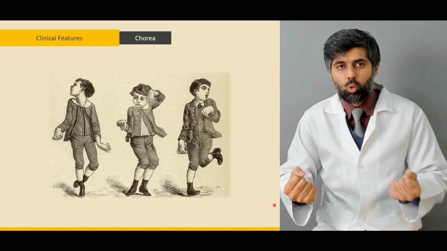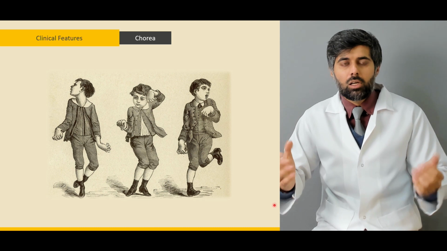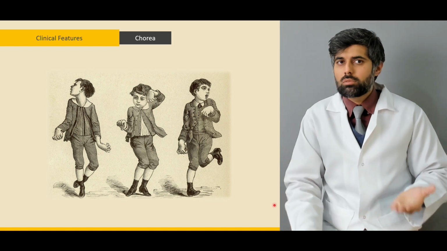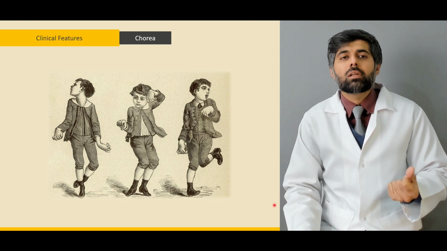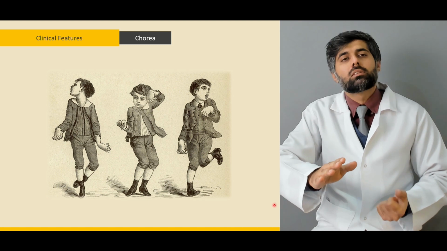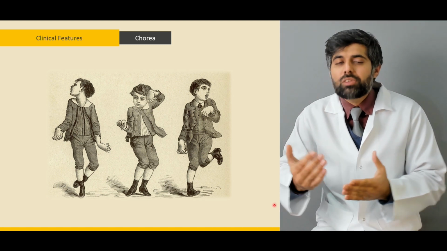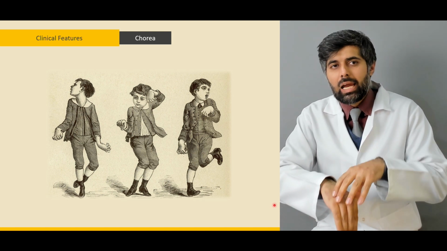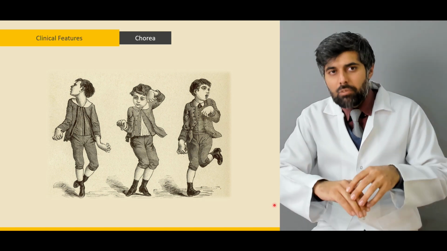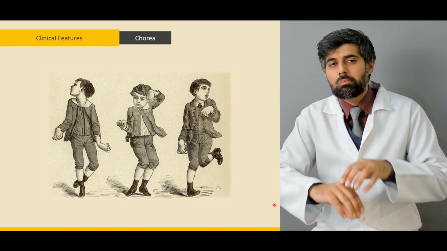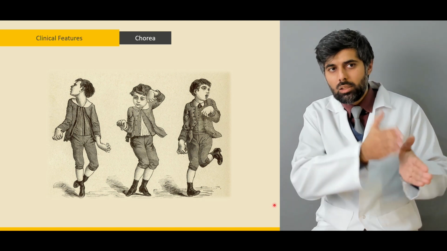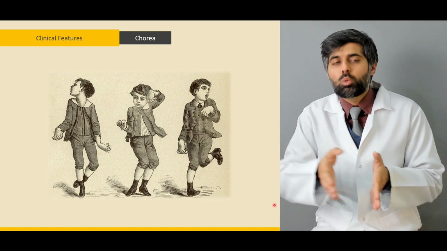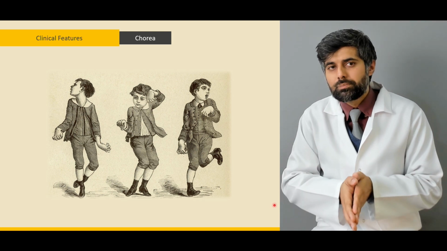Let's say the patient wants to move their hand. Now, instead of a regular lifting of the hand, it will move like this. Because of this particular nature where the hand and the arm have a migratory nature, and the muscles move in a successive nature, this is what defines chorea.